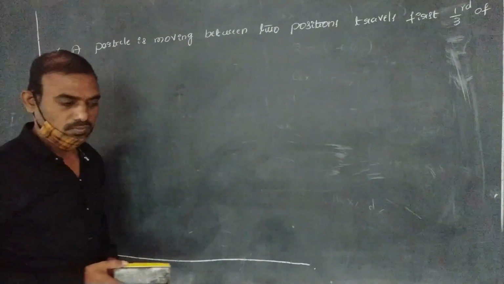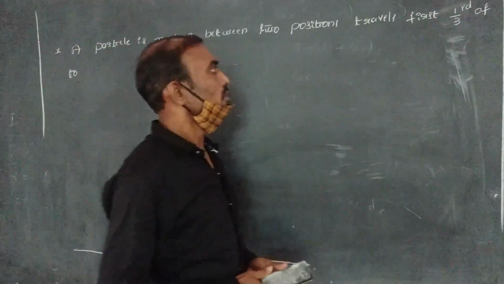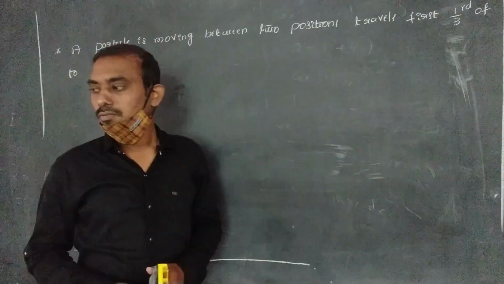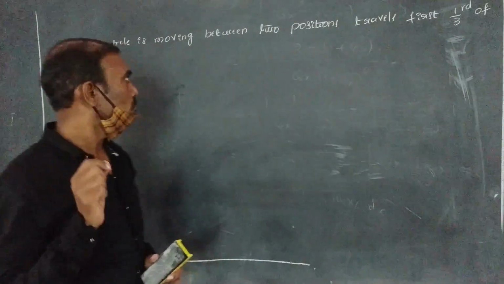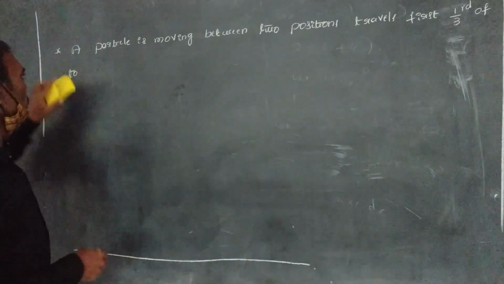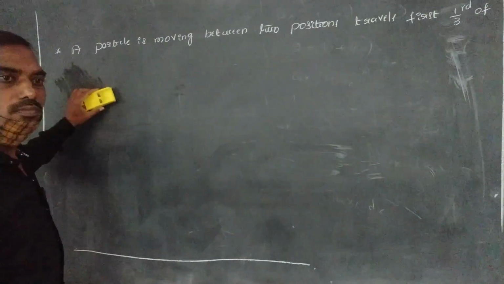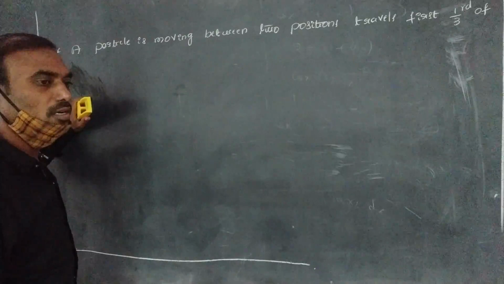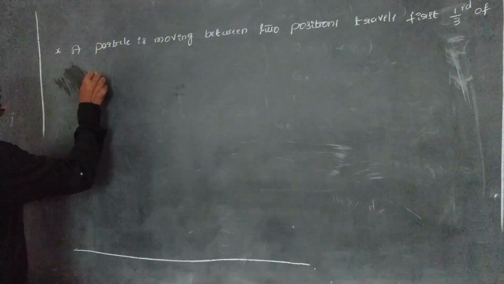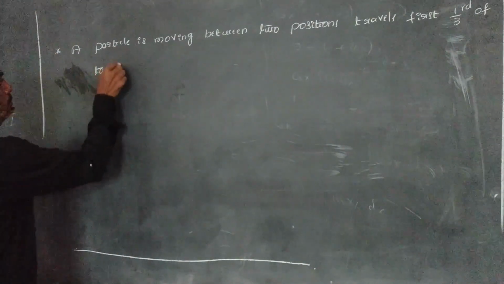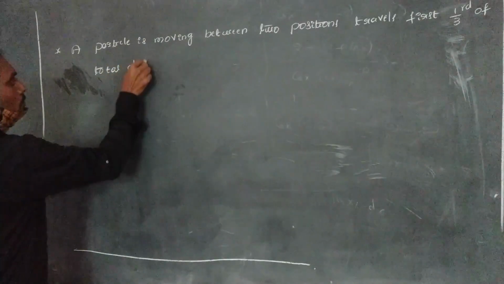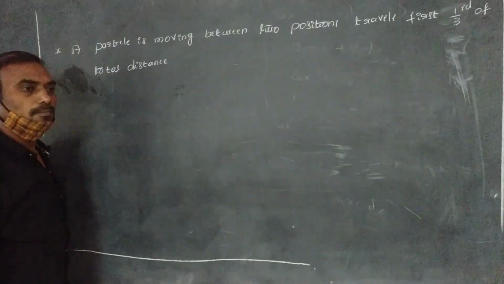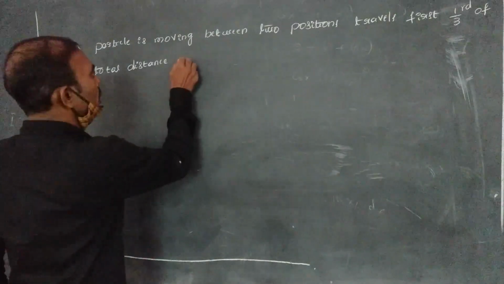It travels the first one third of the total distance with speed v1.